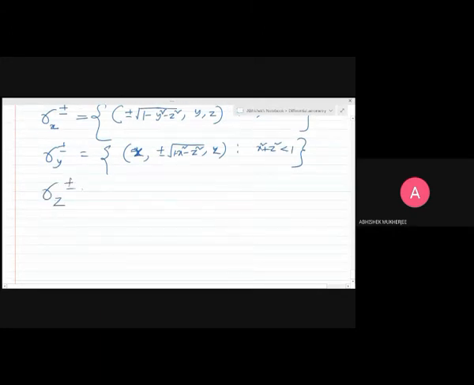Sigma z plus minus is x, y, plus minus square root of 1 minus x square minus y square, where x square plus y square is less than 1. Okay.